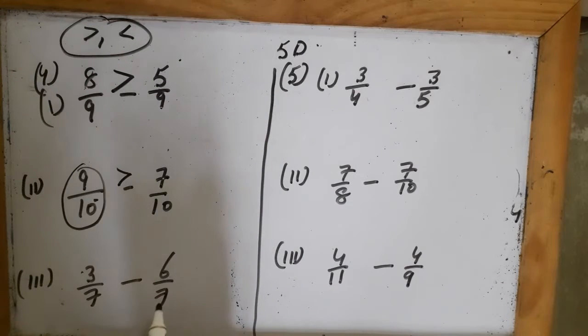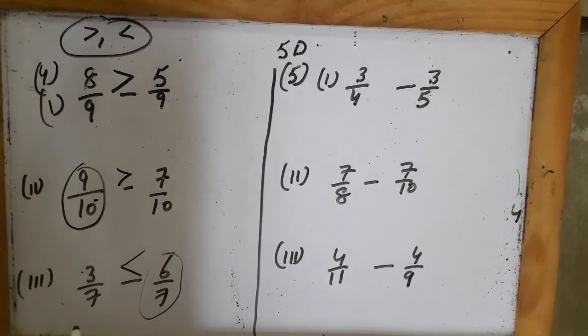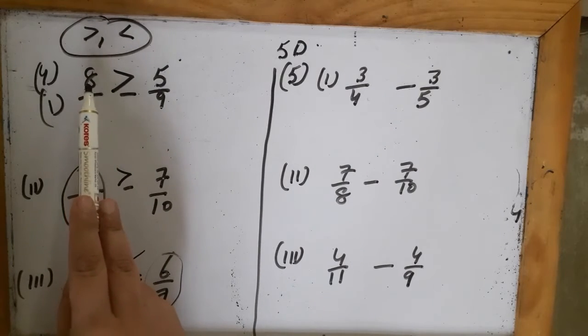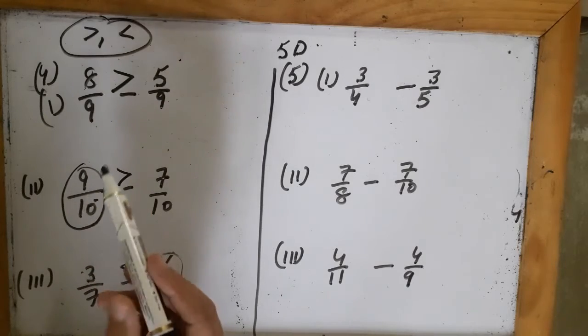Again, when the denominators are same, we look at the numerators. 6 is larger than 3, so this fraction is larger than this fraction. So the rule is, if you have the same denominators, then the fraction with the larger numerator is the larger fraction.